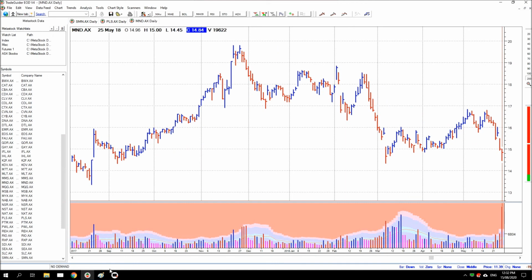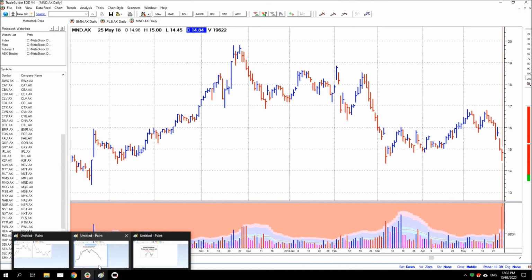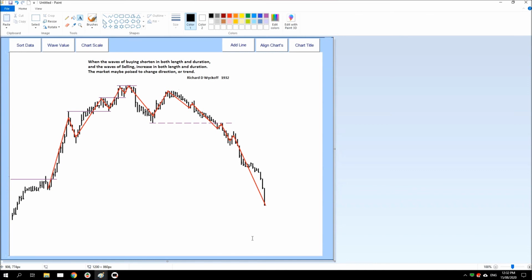Okay, hopefully you now have some more understanding of what to look for. The first thing you're looking for is a shortening of the thrust higher. Each buying wave is getting a little shorter than the previous buying waves, and this is an example of how the market may be showing that it's getting a little weak or a little tired.